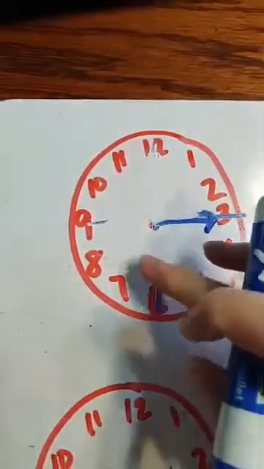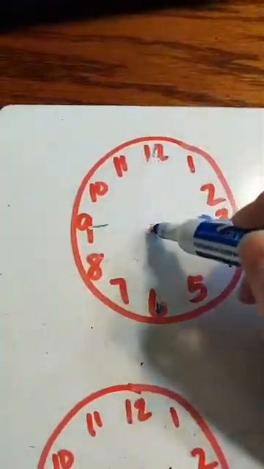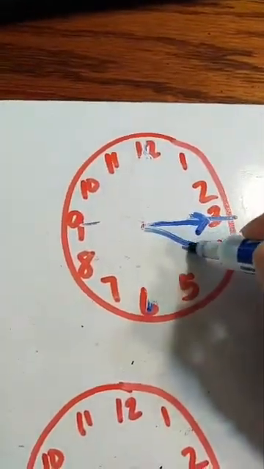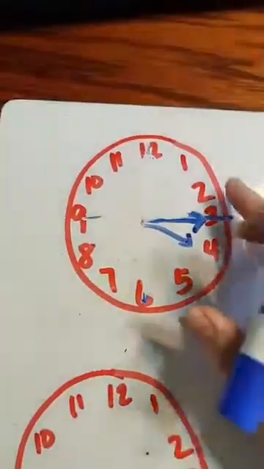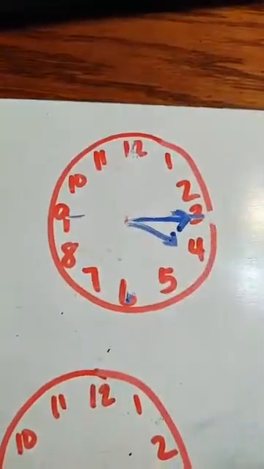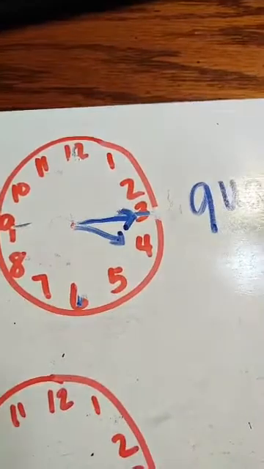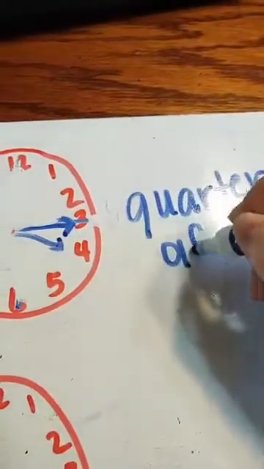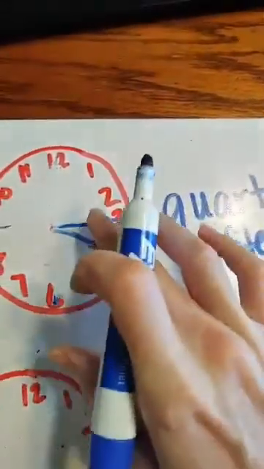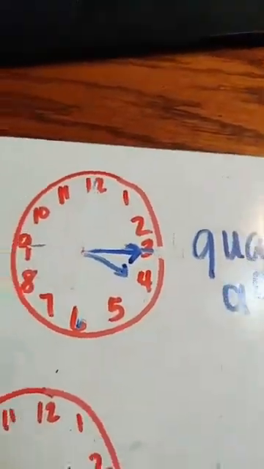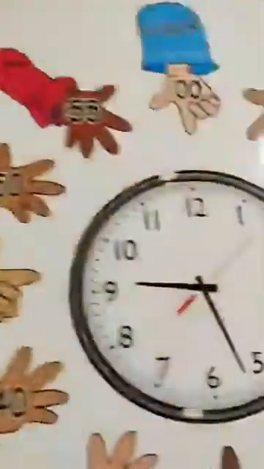So if it is a quarter after 4, my hour hand is pretty close to pointing to the 4, and my minute hand points right at the 3. And this is a quarter after. Quarter after 4. Okay? And how many minutes is a quarter after?